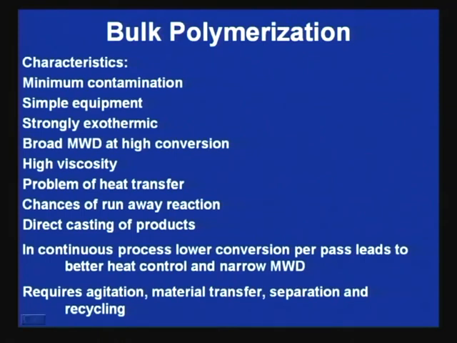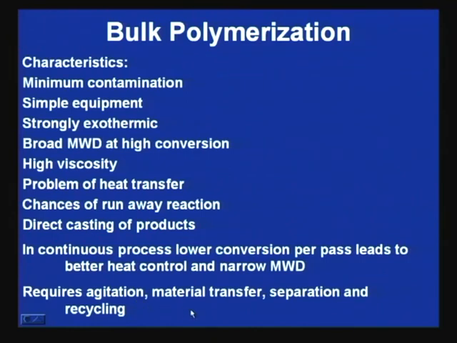As you have seen here, for high conversion there is broad molecular distribution. In order to avoid such broad molecular distribution, one can carry out continuous polymerization, continuous batch process, where since the conversion is low, low conversion per pass, the molecular distribution will be narrower instead of broad. And in order to get such good narrow molecular distribution and good spectrum of properties, it needs agitation and it needs material transfer.